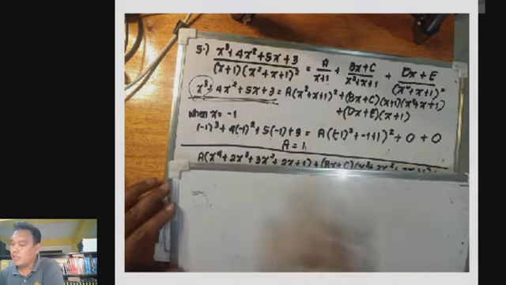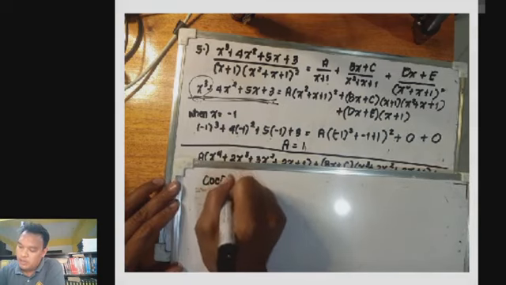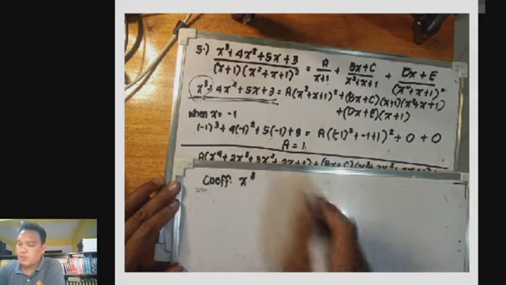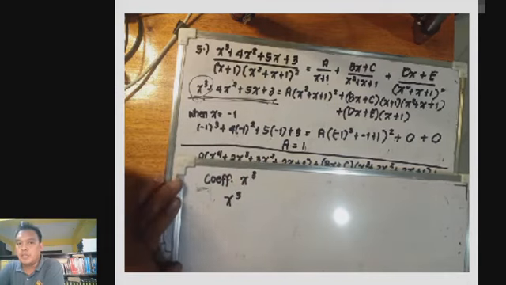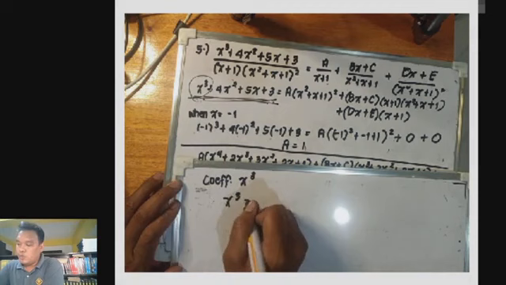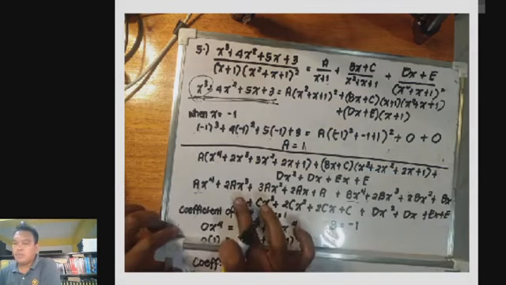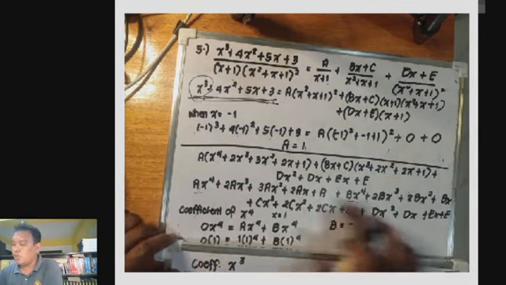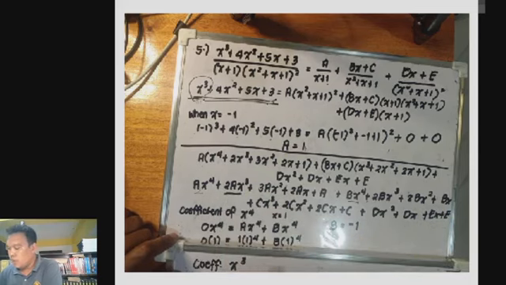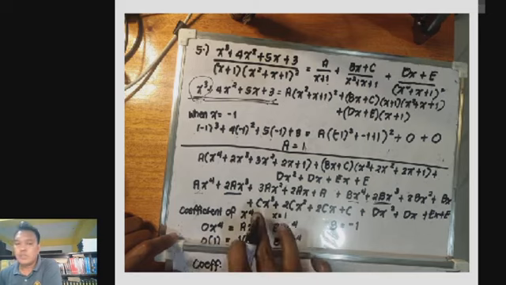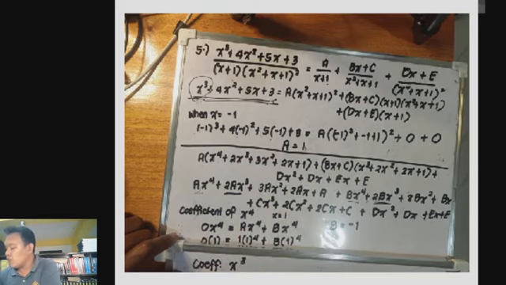So, let's consider coefficient of x cube. So, we have x cube sa kabilang part, sa left side, nung term natin, is equivalent kay, hanapin natin lahat ng may x cube dito sa simplified equation natin, no? So, yung may x cube ay ito, 2ax cube plus si b, which is 2bx cube plus yung c, which is cx cube.